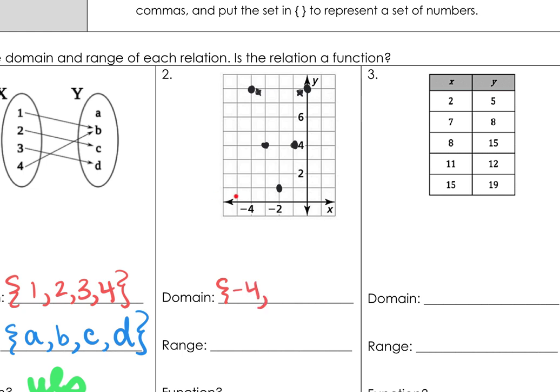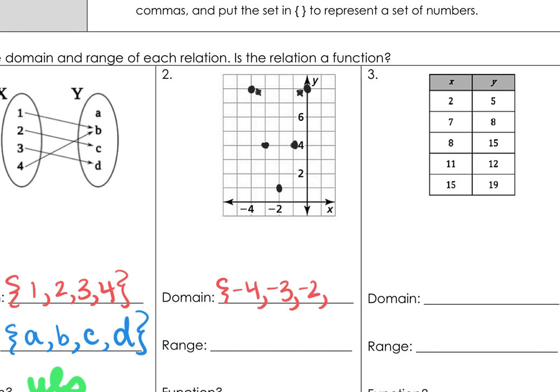Then as I keep moving to the right, here's my next point. My next point has an x value of -3. Then as I keep moving to the right, here's my next point. This point has an x value of -2. Then I keep moving to the right.